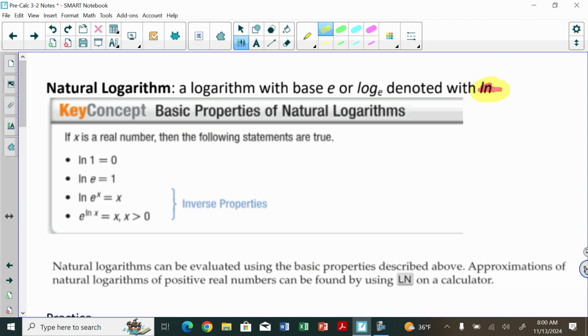Natural log of 1 equals 0, natural log of e equals 1, natural log of e to the x would be x, and e to the natural log of x power would equal x as well.